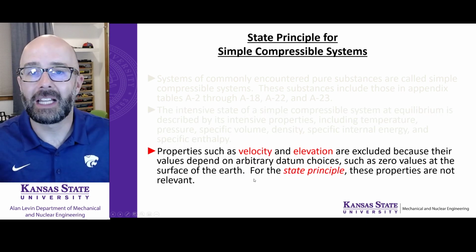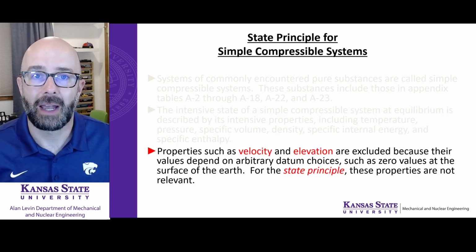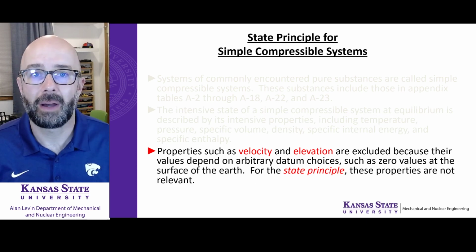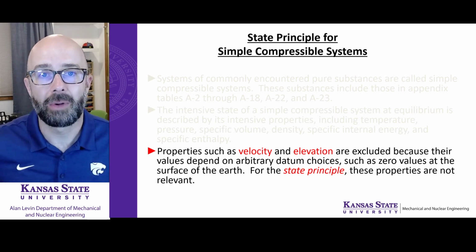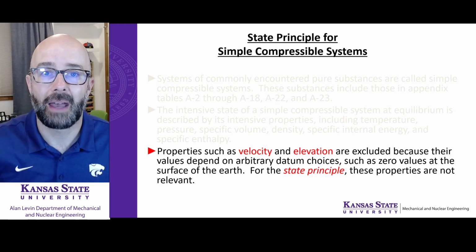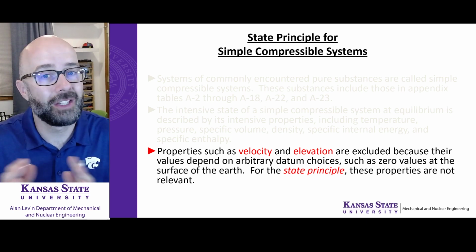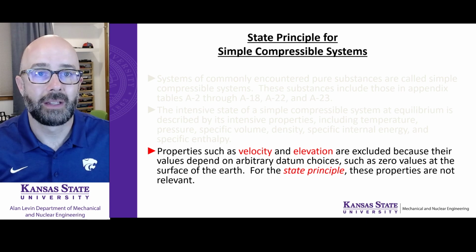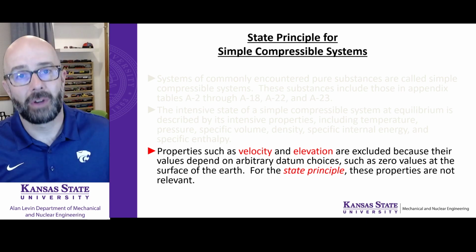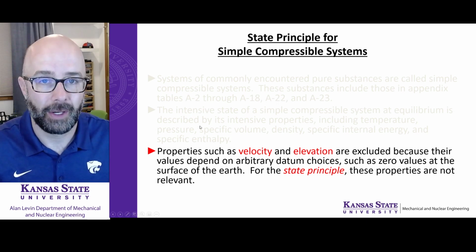Okay, velocity and elevation, we're not going to put those in the tables in the back of our book because they depend upon some arbitrary datum that we have out where we're located. And so by the state principle, these aren't relevant. Temperature, pressure, specific volume, specific internal energy are.